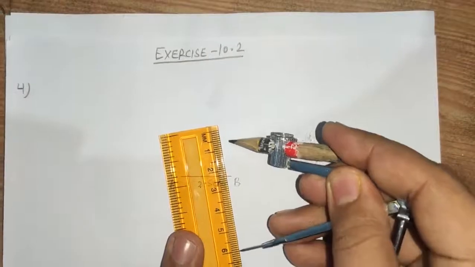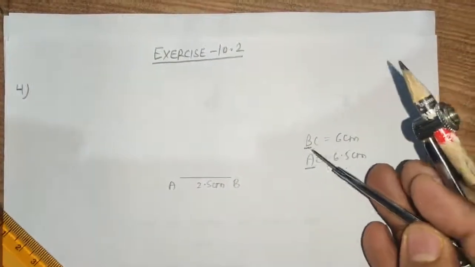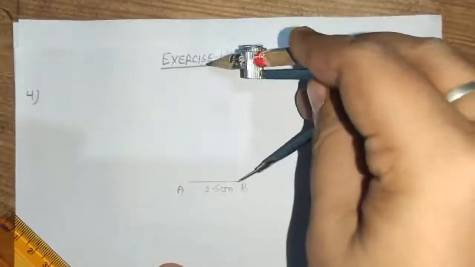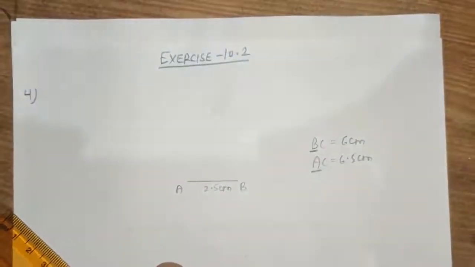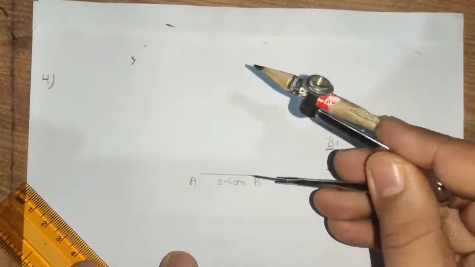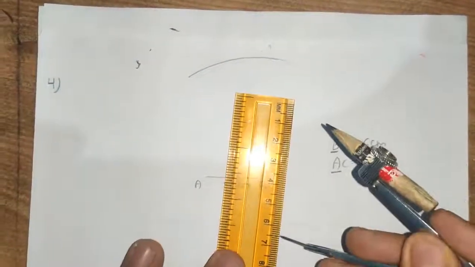Now we are taking 6 centimeter, and this 6 centimeter is BC, so we will draw it from B. Draw 6 centimeter from B, this arc, and 6.5.